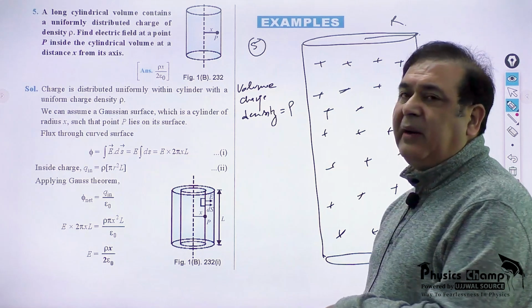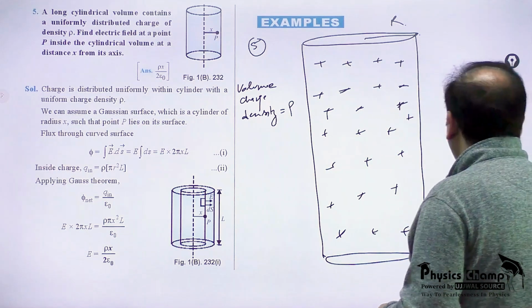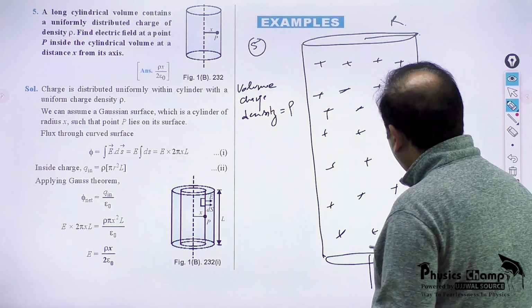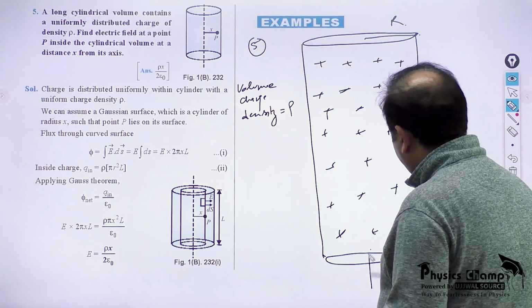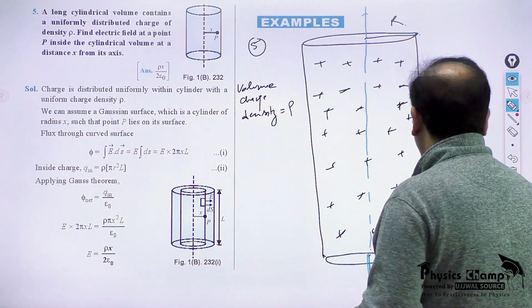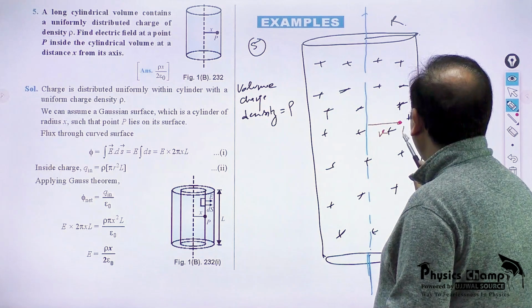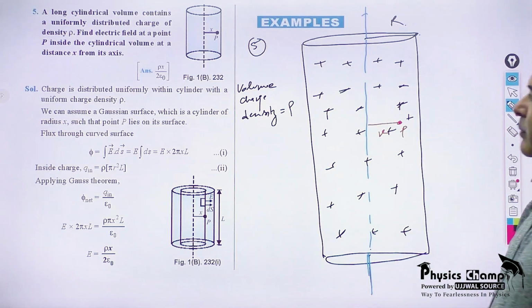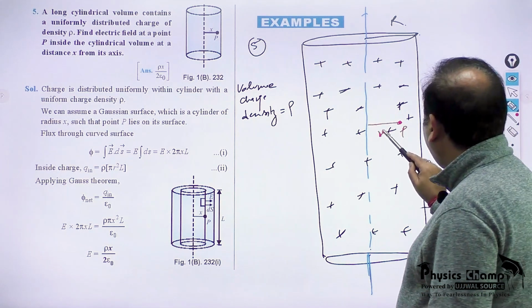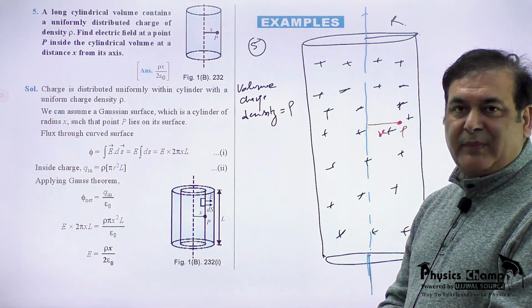Find electric field at a point P inside the cylindrical volume at a distance x from the axis. So if I take this as the axis, at a distance x from the axis, we have a point P. We need electric field at point P. What should be the step?